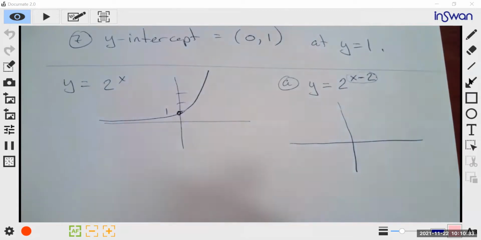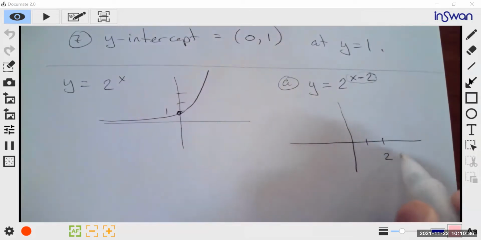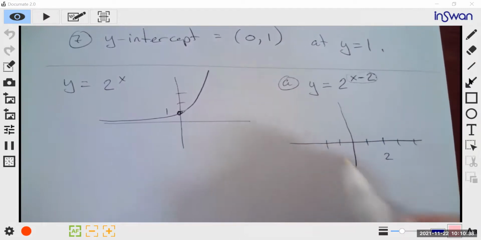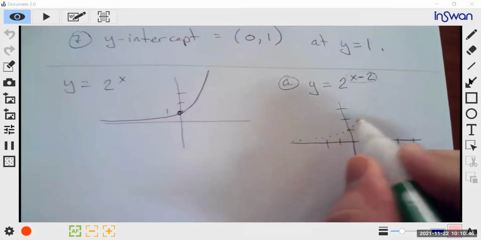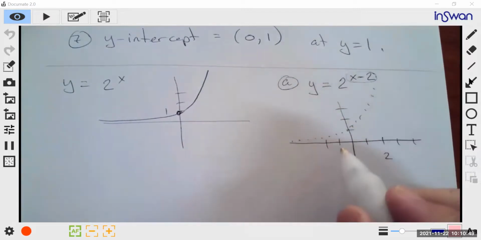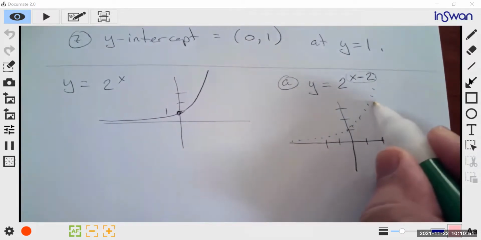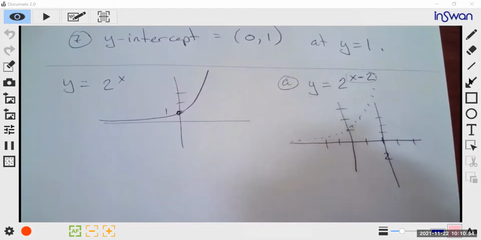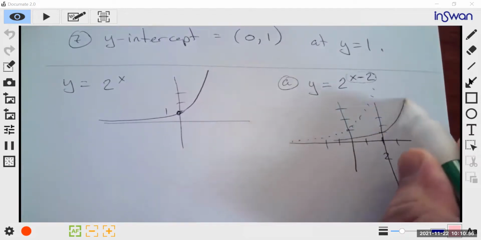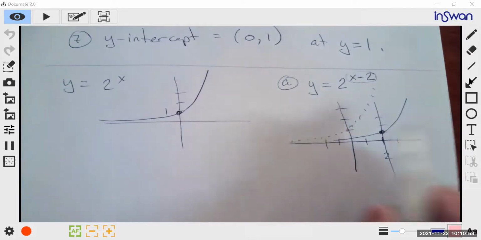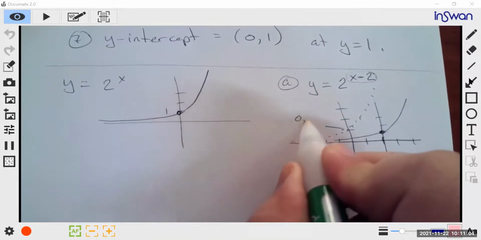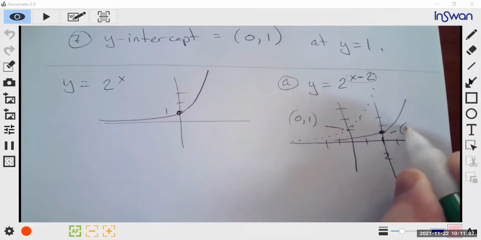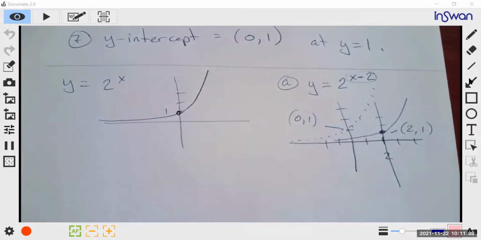It's a horizontal shift, 2 to the right. Remember, the graph originally looked like this, but since I shifted the origin to here, the graph shifts to here, and it still crosses at 2, 1. This one here was 0, 1. It's now at 2, 1 because I moved the whole graph 2 spaces to the right.